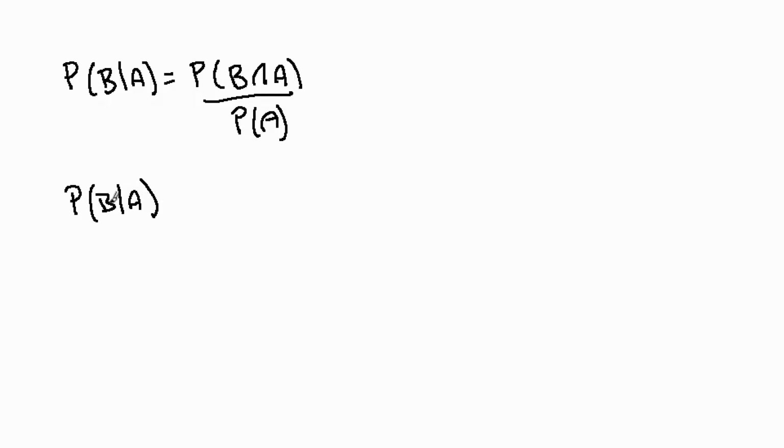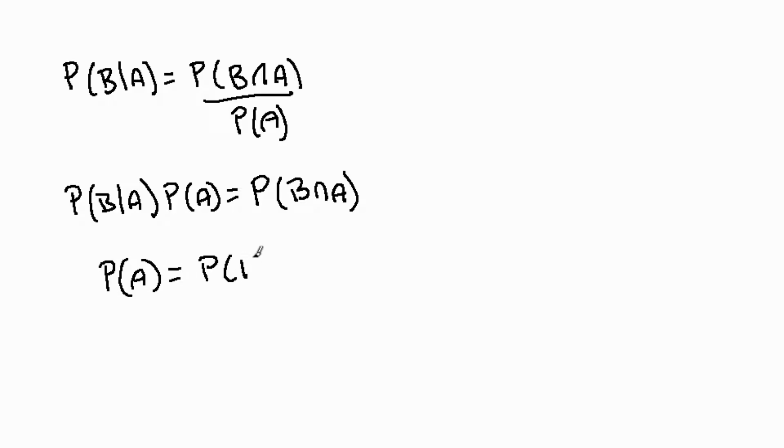The probability of B given A times P of A is equal to the probability of B intersection A, just like that. And another useful formula is the probability of A is equal to the probability of B intersection A over the probability of B given A. Okay, so we're going to find all three versions of this equation very, very useful for us in the rest of this section.